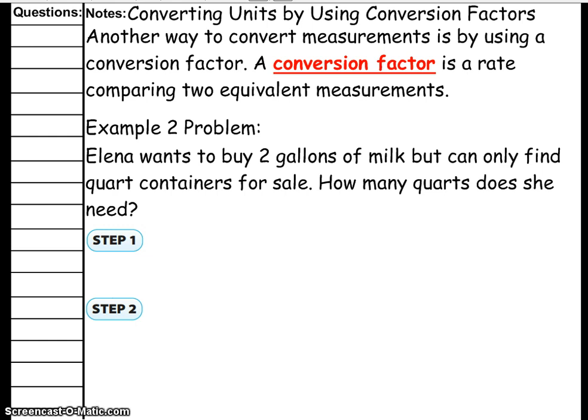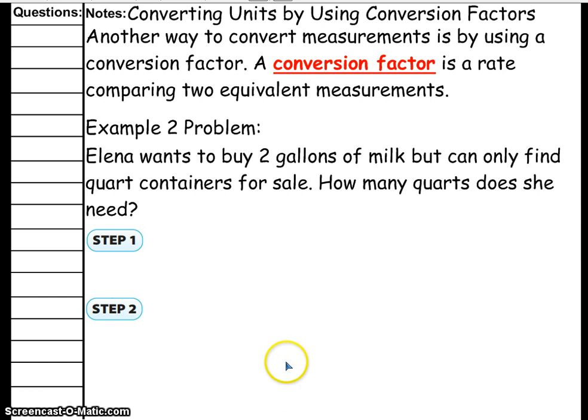So I'll read that one more time. Elena wants to buy 2 gallons of milk, but can only find quart containers for sale. How many quarts does she need? Well, she wants to buy 2 gallons, but she can only find quarts. So we're wanting to figure out how many quarts will equal 2 gallons.